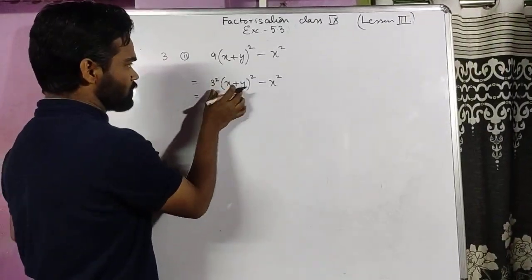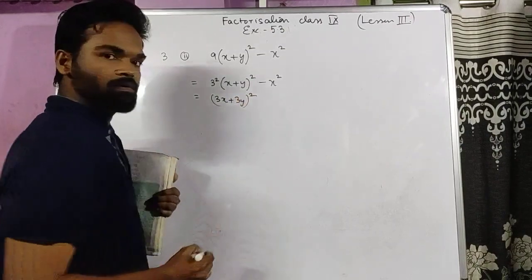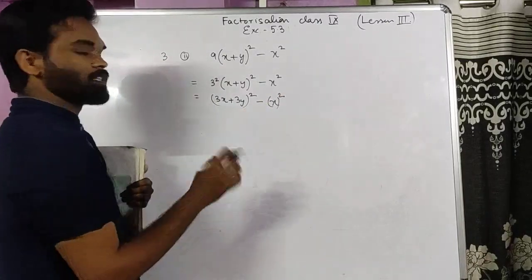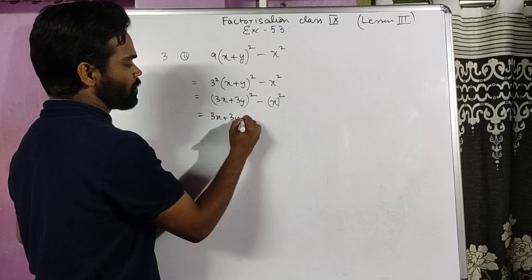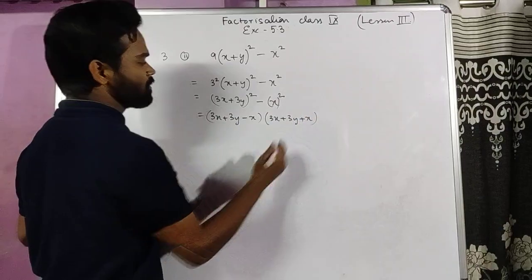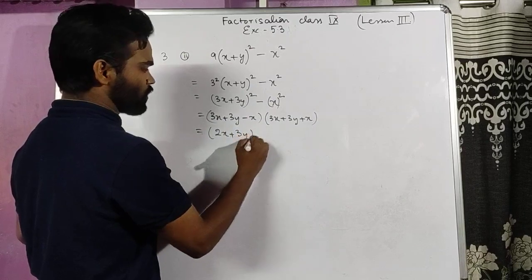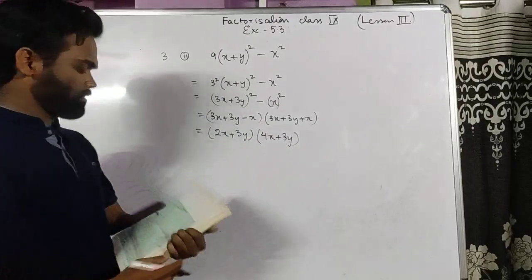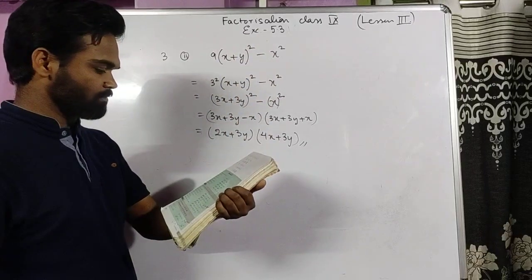Similarly, this can be written as 3x plus 3y whole square minus x square. Now this, if you look carefully, is in the form of a square minus b square, which is equal to a minus b, a plus b, which can be further solved, because this is 2x plus 3y and this is 4x plus 3y. This is our final answer, because these are the two factors of this expression.